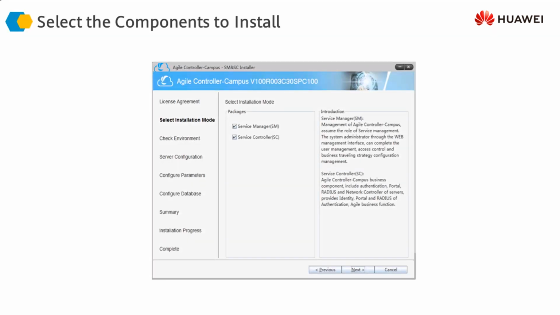Then we select the installation mode. That means, do we want to install Service Manager only, or we want to deploy Service Manager as well as Service Controller, or we only want to deploy the Service Controller during this installation. So here we have selected installing the Service Manager as well as the Service Controller. We are deploying both of them.